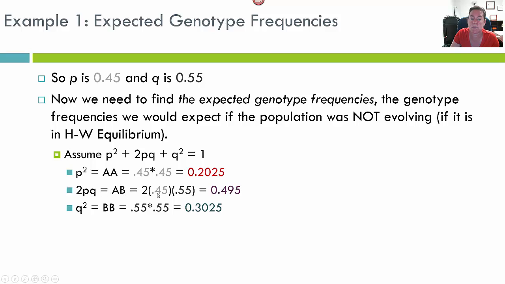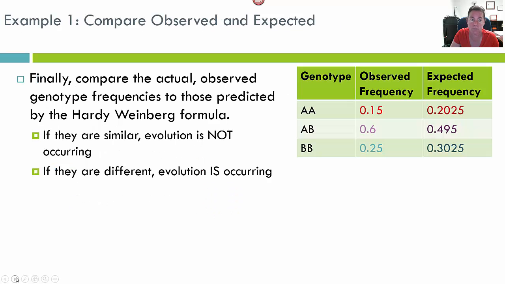So 2 times 0.45 times 0.55 equals 0.495. And Q squared is the expected frequency of the homozygous recessive genotype. In our example, that would be BB. So 0.55 times 0.55 equals 0.3025. You add these up, and they nicely add up to 1. So these are, once again, your expected genotype frequencies.